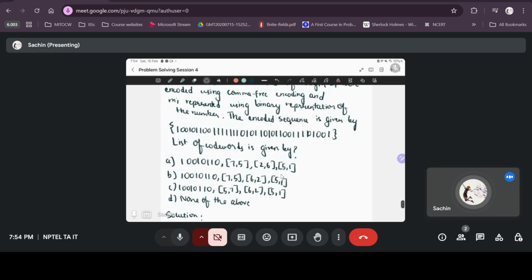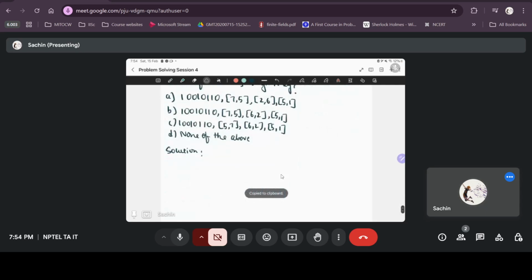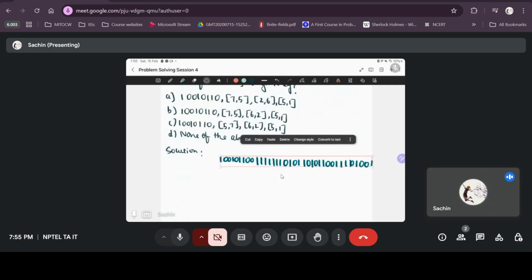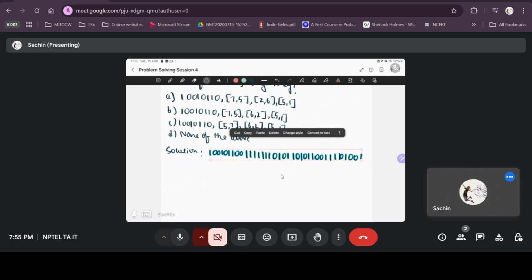The encoded sequence is this. C0 is the first NW, which is 8 bits.